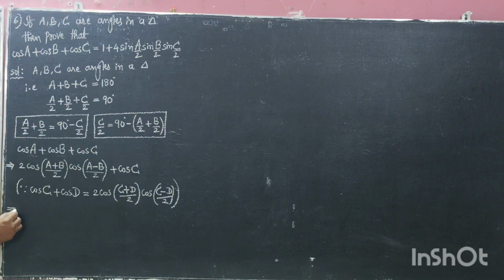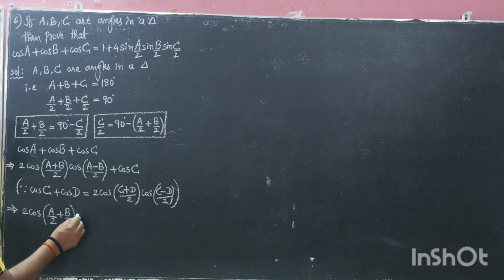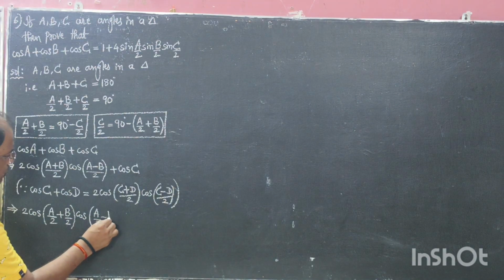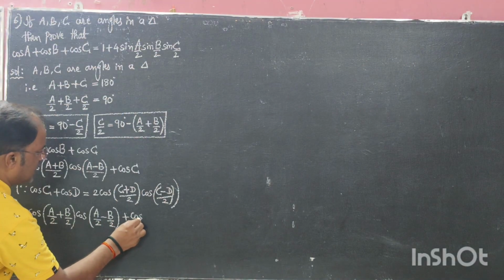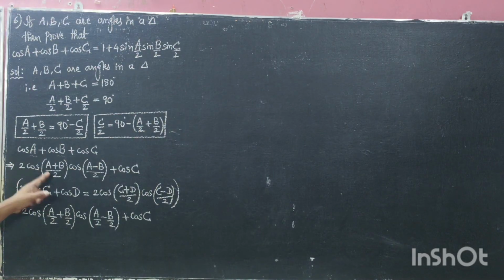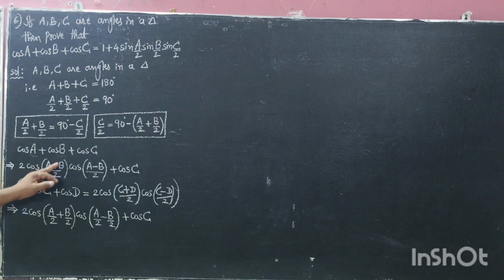Now see, 2 cos of, separate the denominator, A by 2 plus B by 2. A plus B by 2 can be written as A by 2 plus B by 2. Here also cos of, separate the denominator, A by 2 minus B by 2, and plus again cos C as it is.